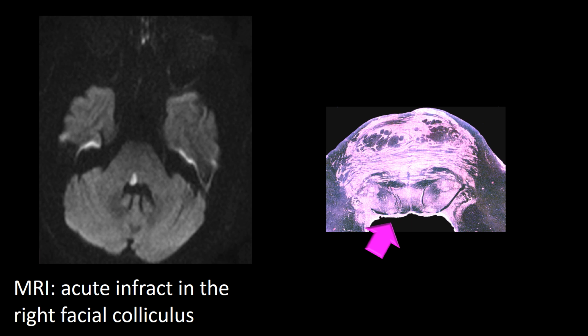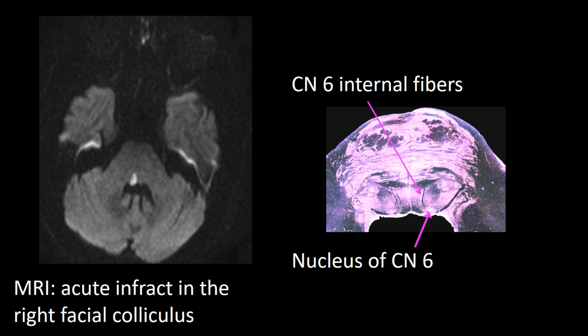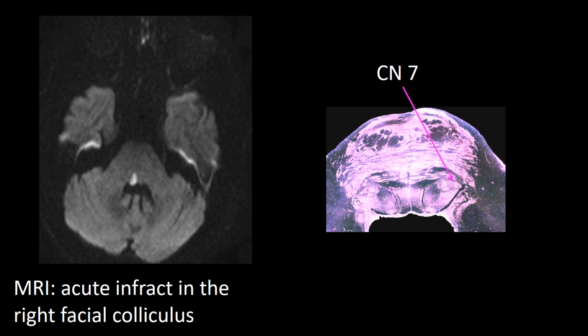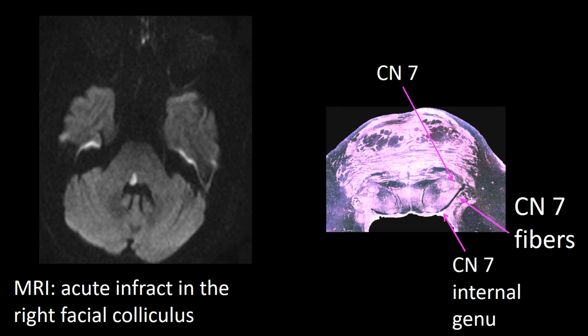In it, you can see the nucleus of the 6th cranial nerve and its corresponding fibers. You can also see the motor nucleus of the 7th and its corresponding fibers going backwards, the internal genu of cranial nerve 7, and the bulging into the 4th ventricle produced by the facial fibers going around the 6th cranial nerve nucleus.